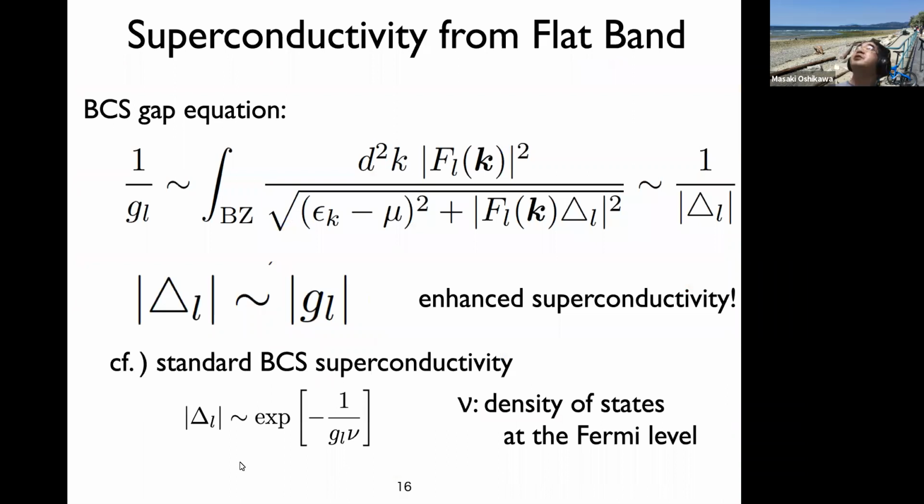Okay, so this is not my main subject today, and this is actually a controversial subject, but one optimistic scenario is that in this flat band, if you naively apply a BCS type approach, kind of mean field approximation, then the superconducting gap is enhanced compared to the usual Fermi liquid, basically because the density of states at the Fermi level is diverging if the Fermi level happens to be at the flat band.